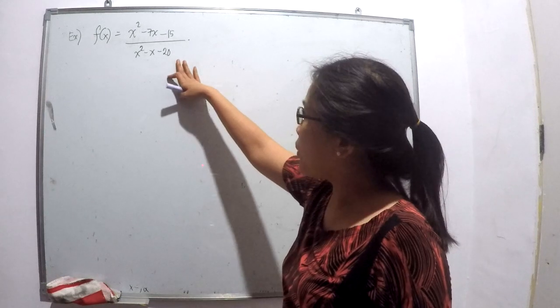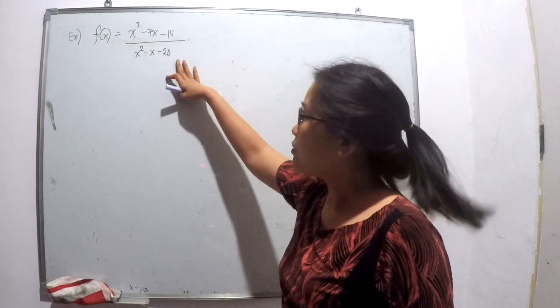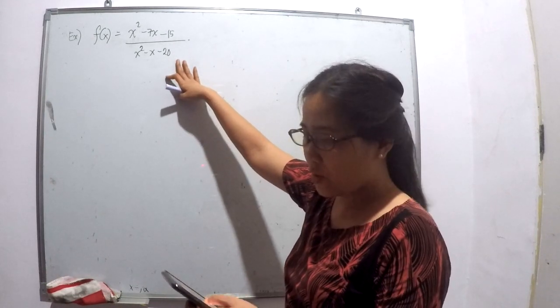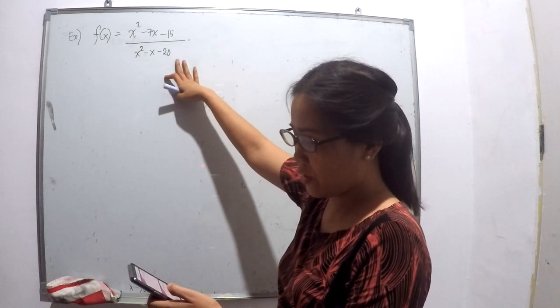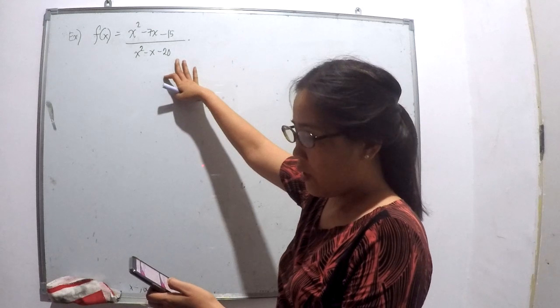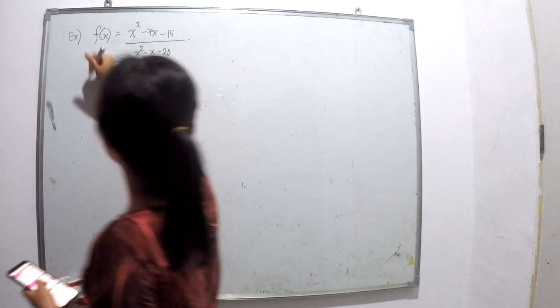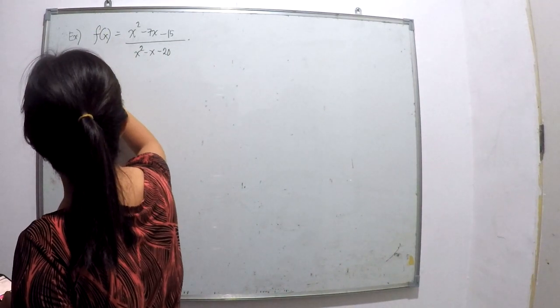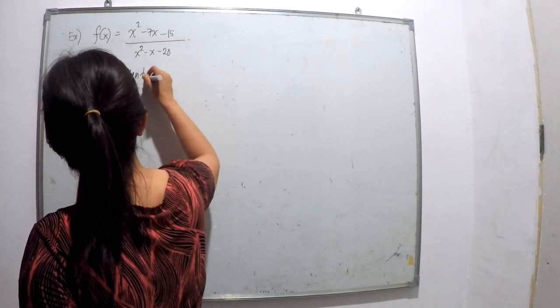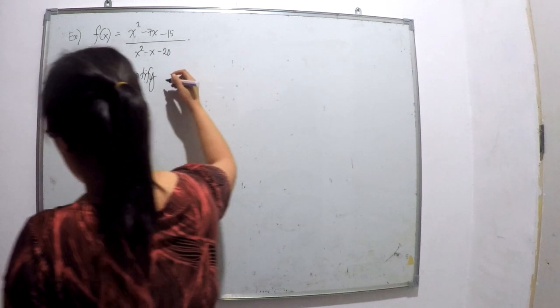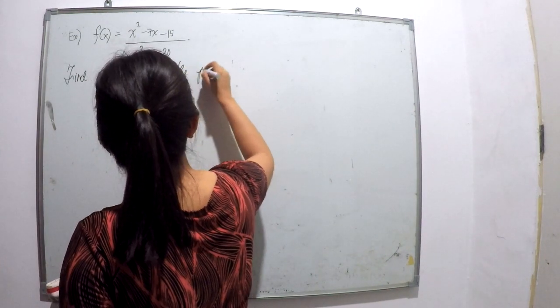Okay, so all we have to do is what? We're going to determine if the function is continuous or discontinuous at what point. Find and identify the points of discontinuity.